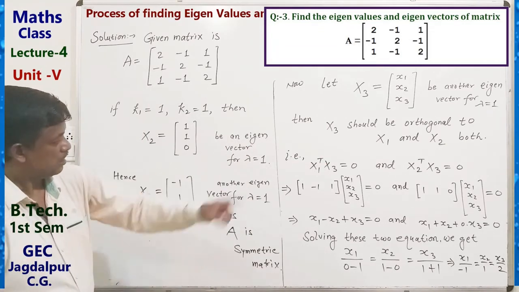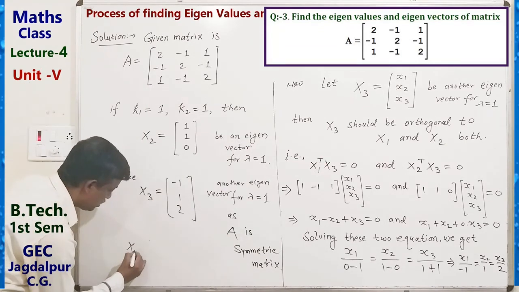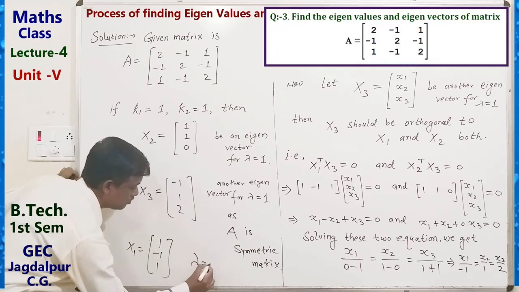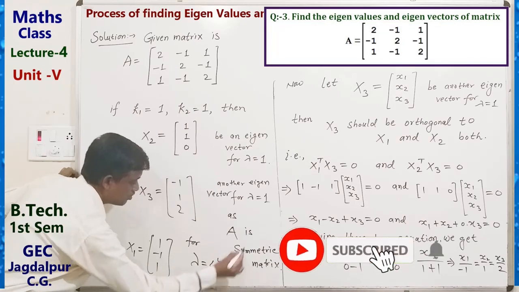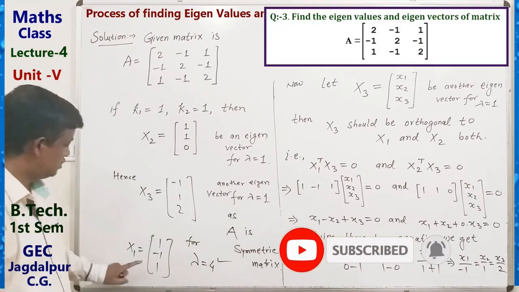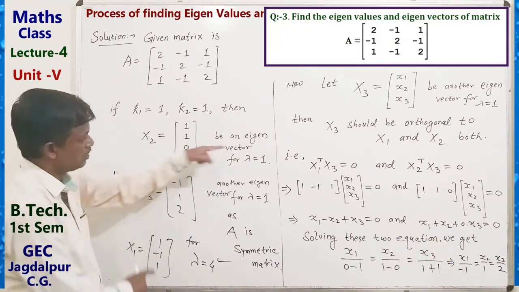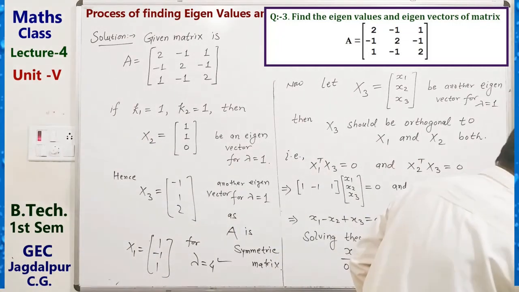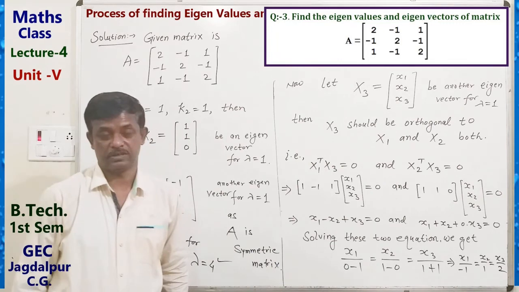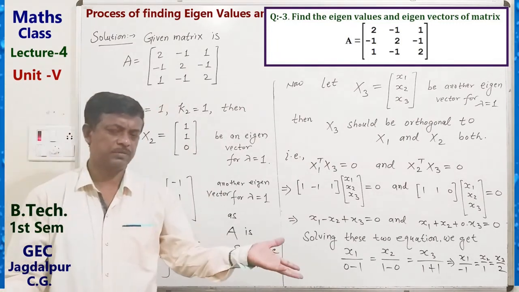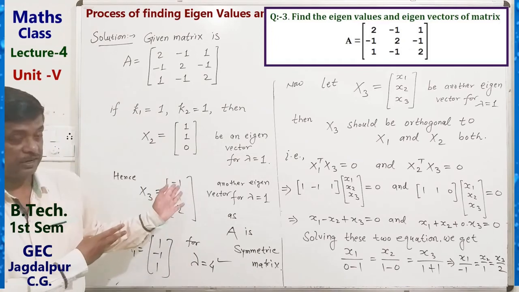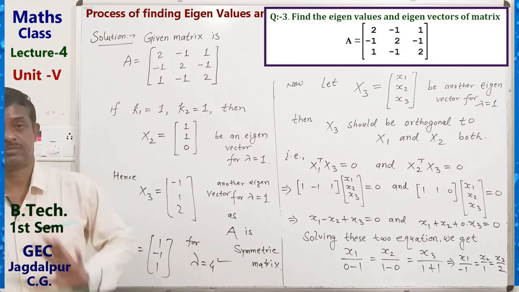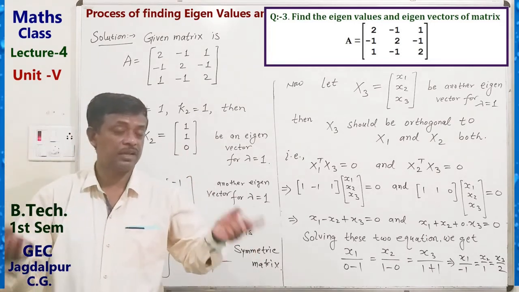Okay, so x1 was (1, minus 1, 1), this is for lambda equals 4, and x2, x3 are for lambda equals 1. Okay, this is the process of finding eigenvalues and eigenvectors of a symmetric matrix, and of a non-symmetric matrix also. Finding eigenvalues and eigenvectors is known as solving the eigenvalue problem.